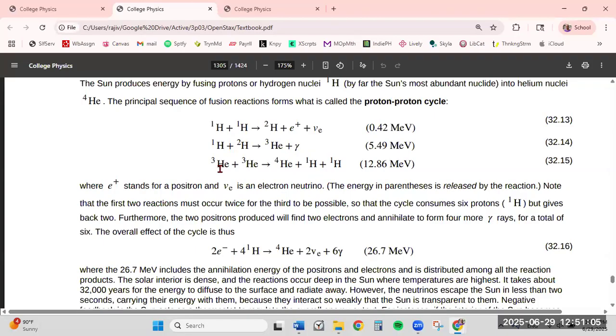And then finally, helium-3 fuses with another helium-3 to give you helium-4 and two hydrogen nuclei. This is called a proton-proton cycle because you start with two hydrogen nuclei, which are basically protons. And then in the end product, you also have two hydrogens.